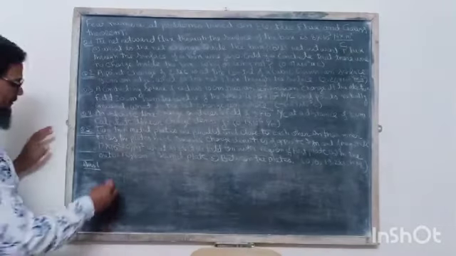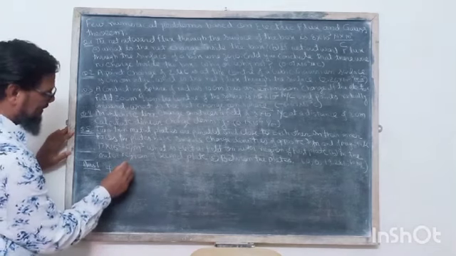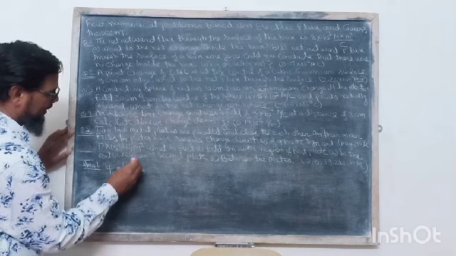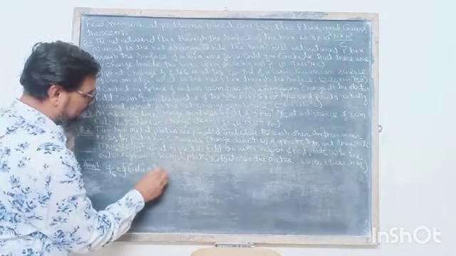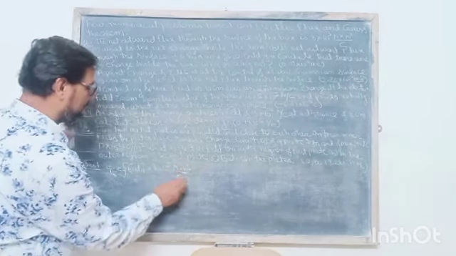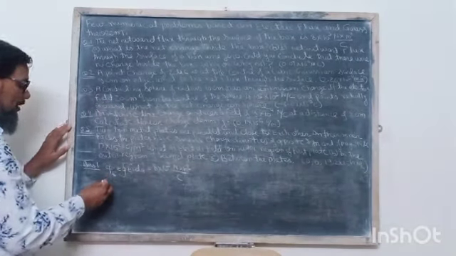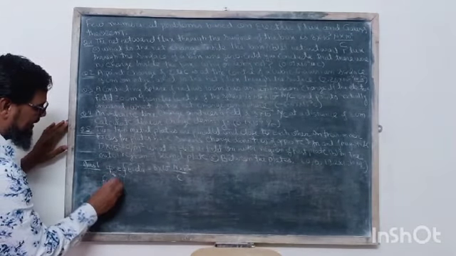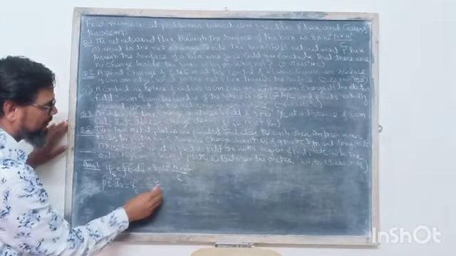The flux, the value of phi E, is given to us, that is nothing but the integral E dot dA, and it is 8 into 10 raised to the power 3 Newton meter square per Coulomb. And we know that from Gauss theorem, integral E dot dA, that means phi E, is equal to summation Q upon epsilon naught.